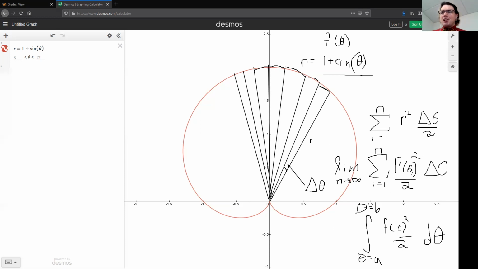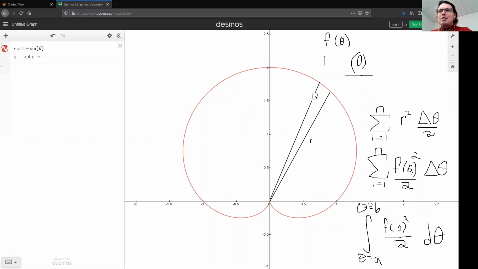Now, the start and stop points that we use here will measure what the possible angles are that I'm using, right? So if I start my integral, let me clean this up a little bit. If I start my integral at theta equals 0, I'm starting at the positive x-axis.